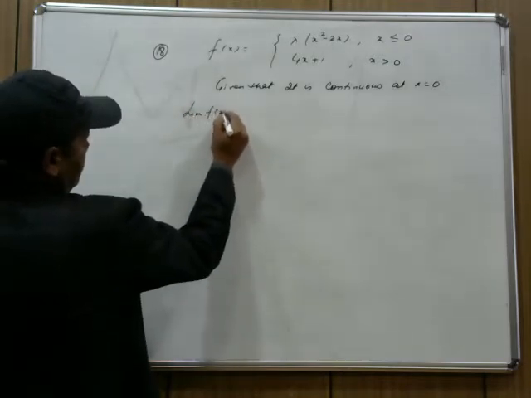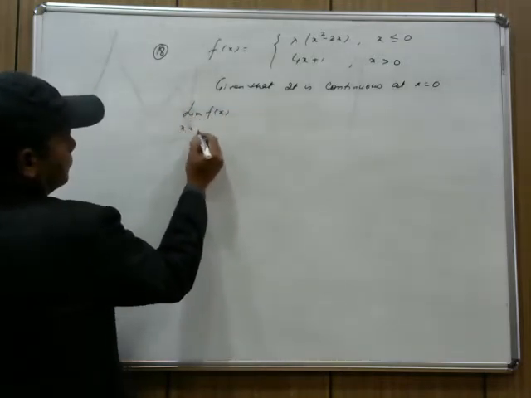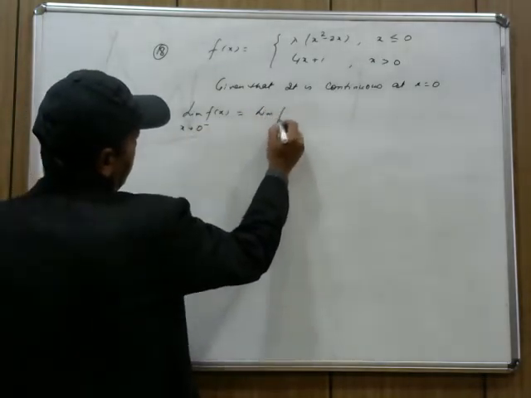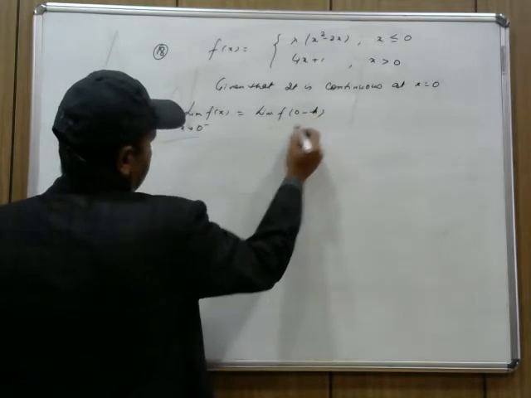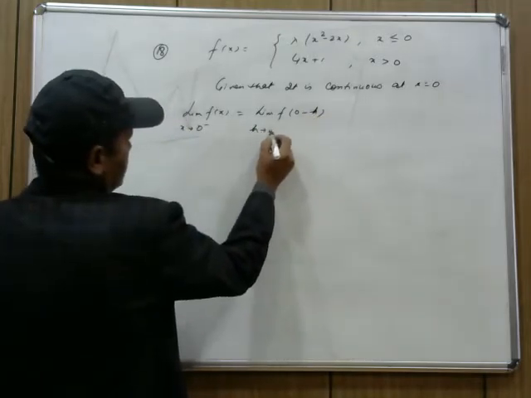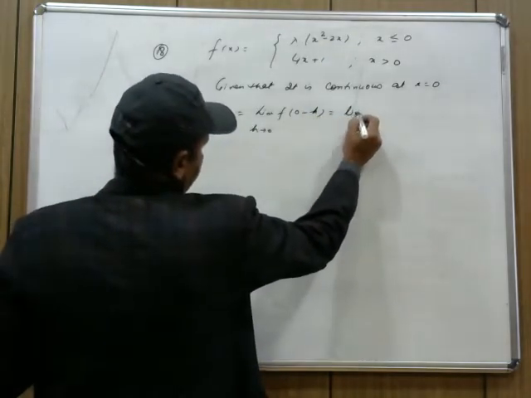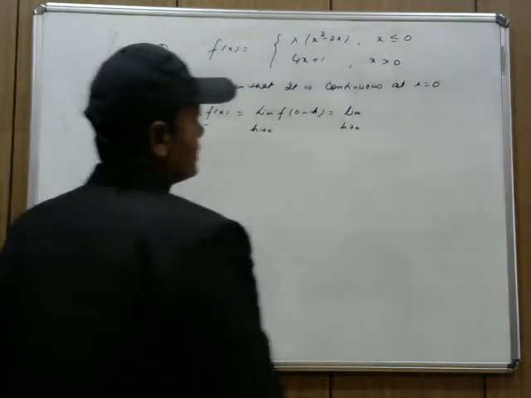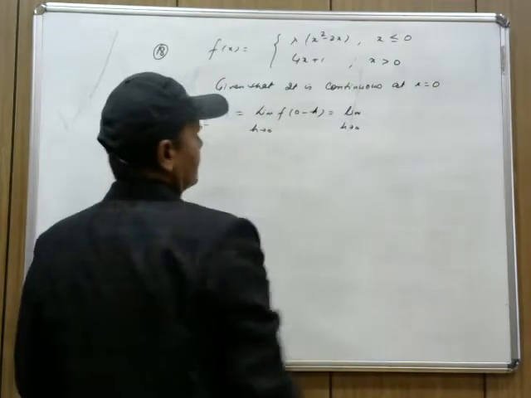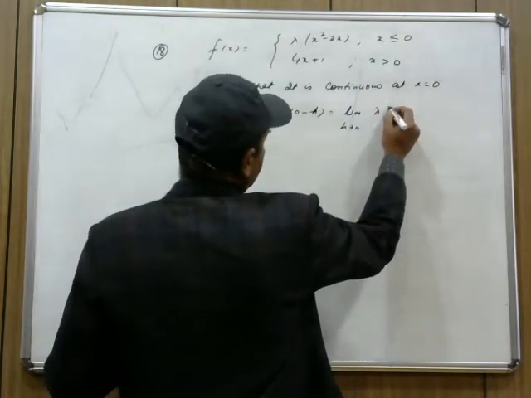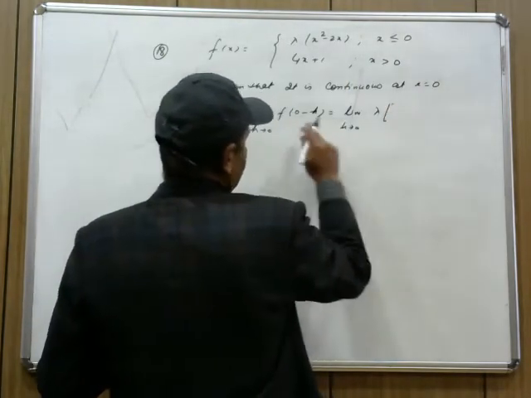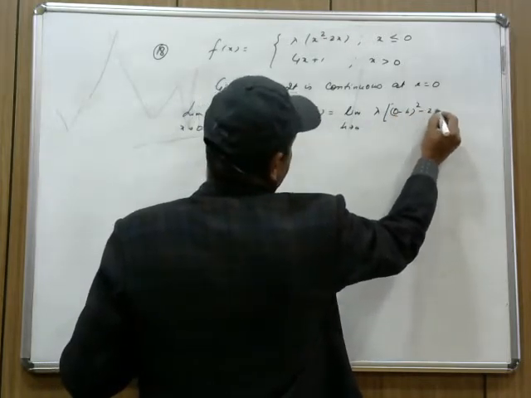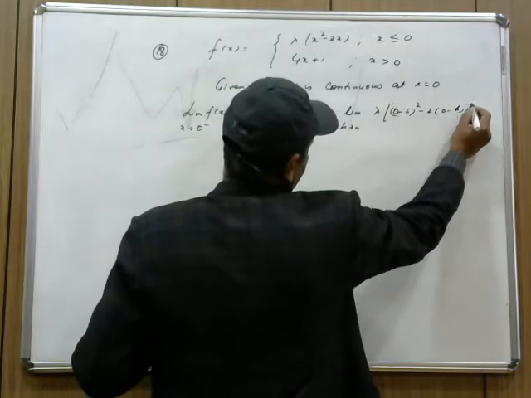Limit of f of x, x tends to 0 minus, limit f of 0 minus h, h tends to 0, with 0 minus h less than 0. For less than 0, this function will have lambda x square in place of x, (0 minus h) whole square, minus 2 into (0 minus h).